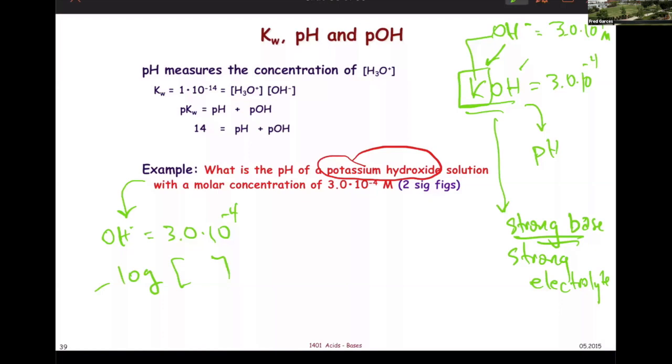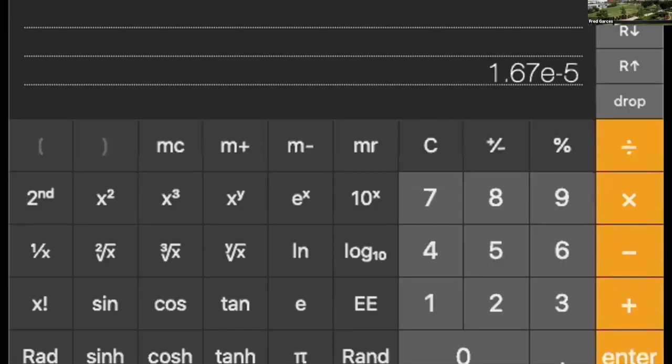Let me just show you that in my calculator so that you guys can see that worked out. So 3 times 10 to the minus 4 is not a number you can do off the top of your head. If it was 1 times 10 to the minus 4, then the pOH would be 4. But it's 3 times 10 to the minus 4.